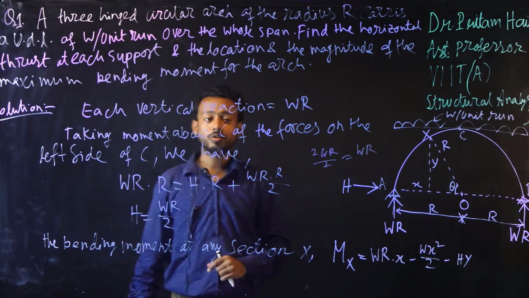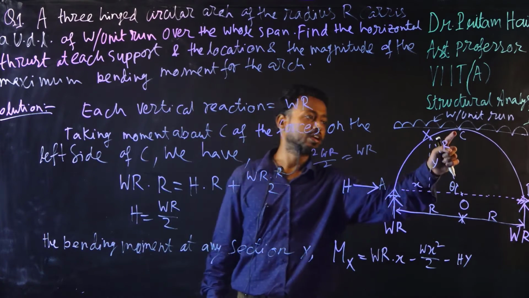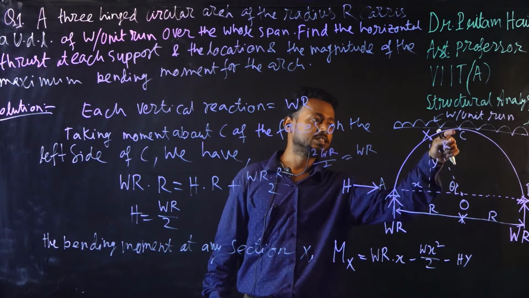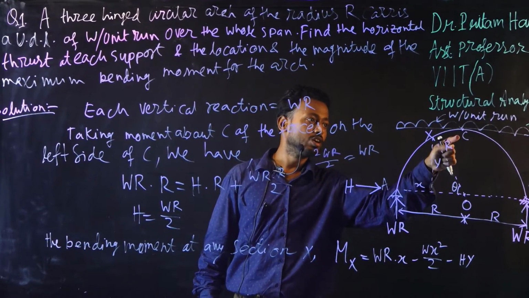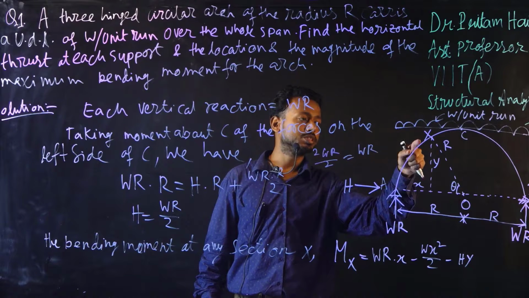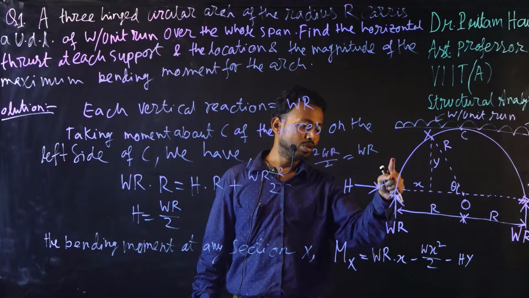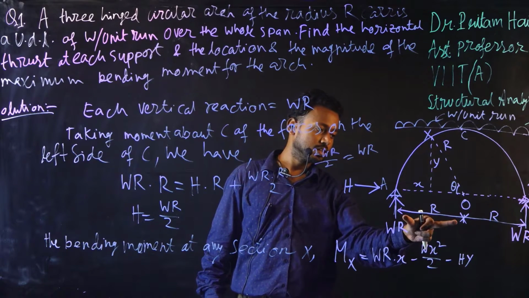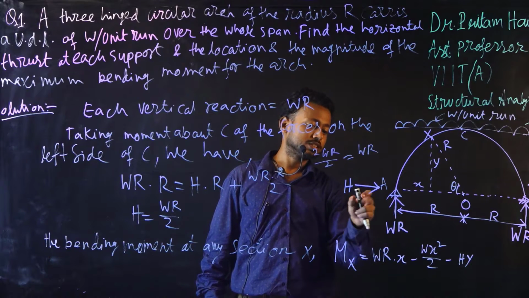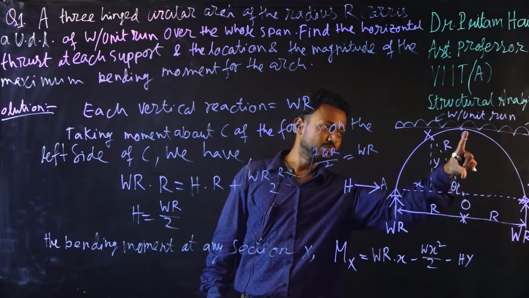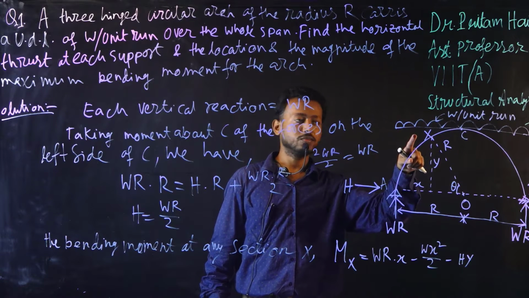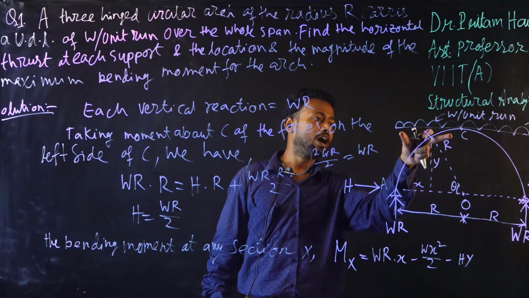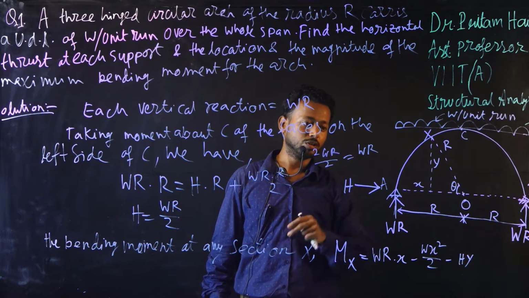Now we will take the moment about point C. C is the hinge, so at C the bending moment will be 0. Taking moment about C of the left hand side forces, we have wr into r minus h into r, this distance is r, minus w into r by 2 equals 0.